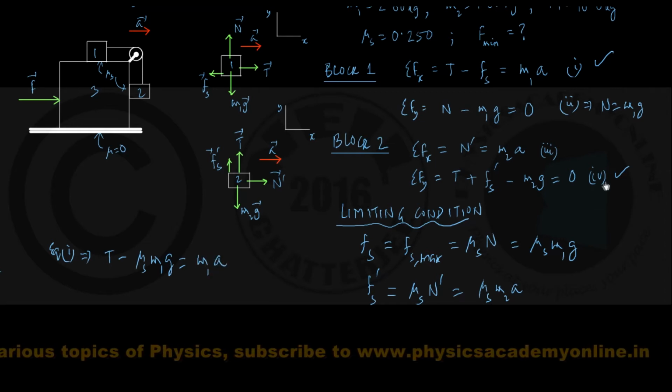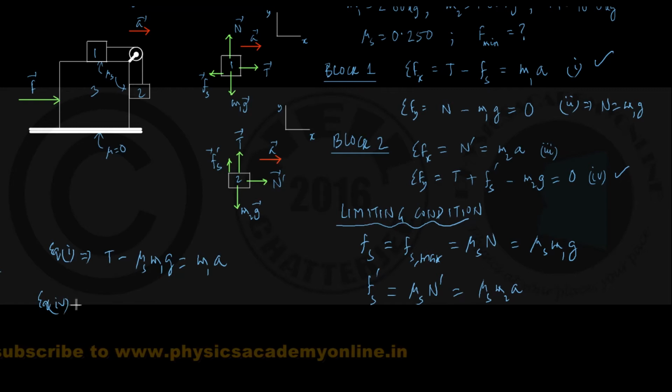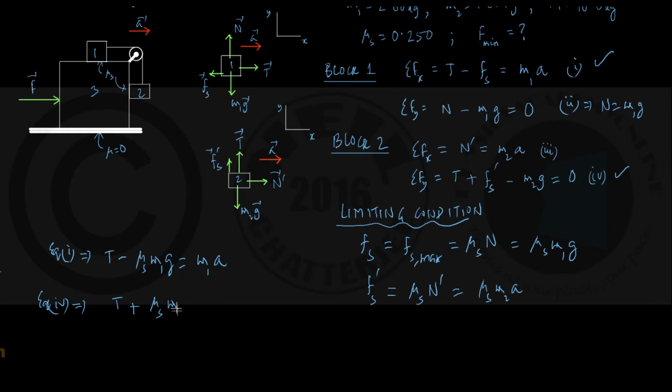And similarly, equation number 4, that is now becoming, you can see here, that is T plus Fs dash, max value has been found just now to be mu s into m2 into a, minus m2g is equal to 0. Let me subtract one equation from the other.